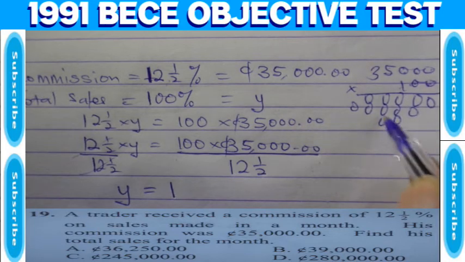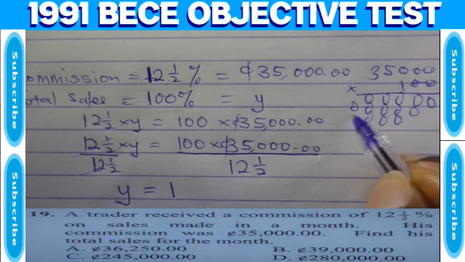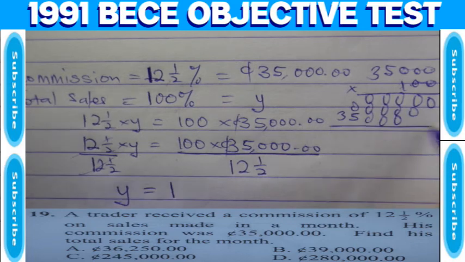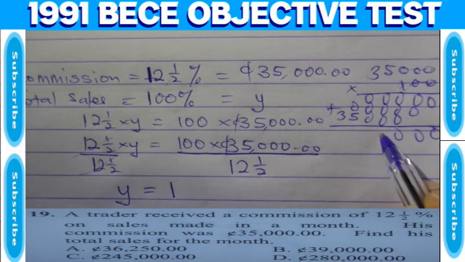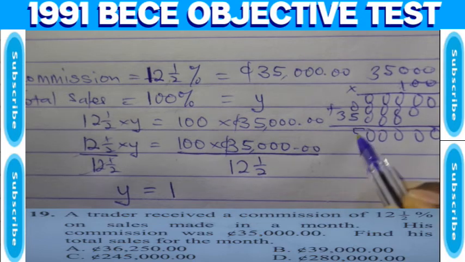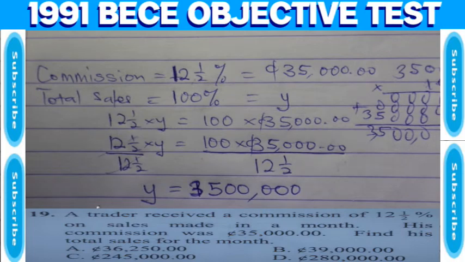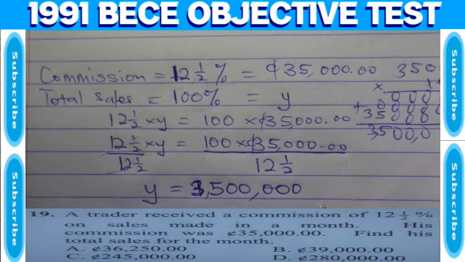Let's find the sum. We have 0 here, 0 here, 0 here, 0 here, 0 here, 5, and then 3. 1, 2, 3. So we have 3,500,000 cedis over here.